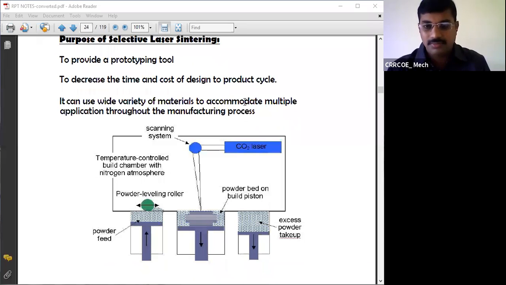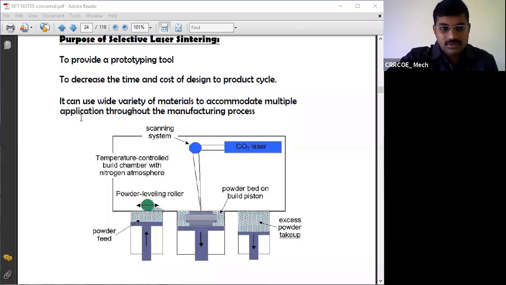So completely, from the initial stage to the final stage, from the supplying or feeding of the raw material to the product development, that is the end stage. Finally, the cleaning process also is involved in the product life cycle.